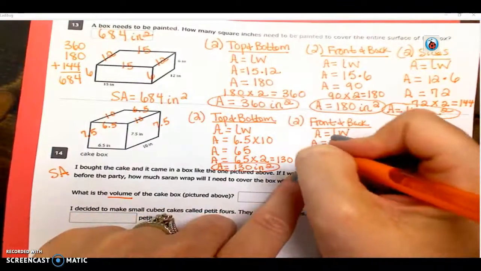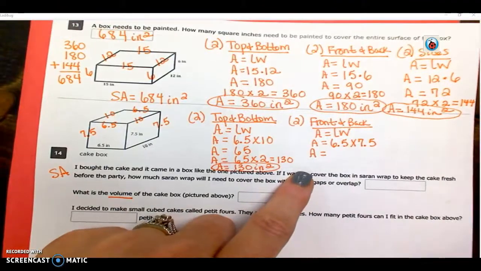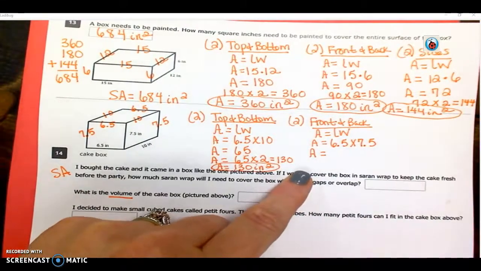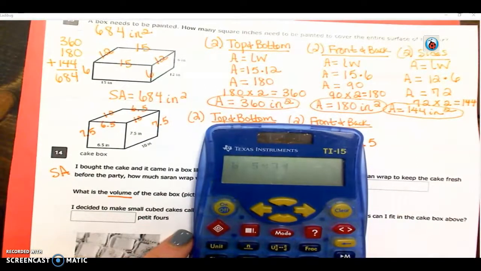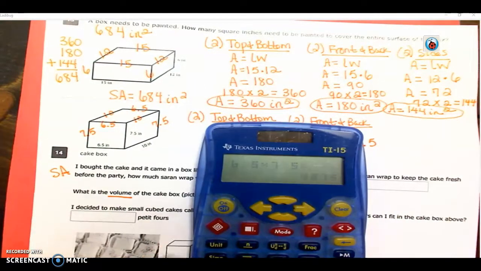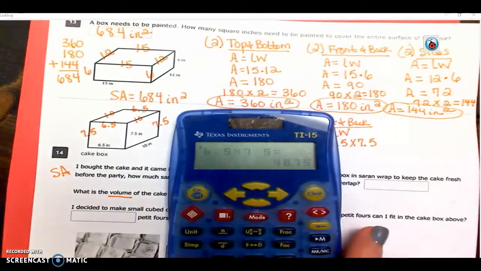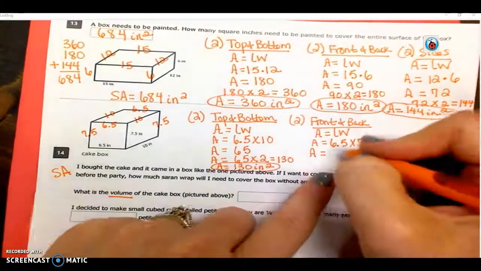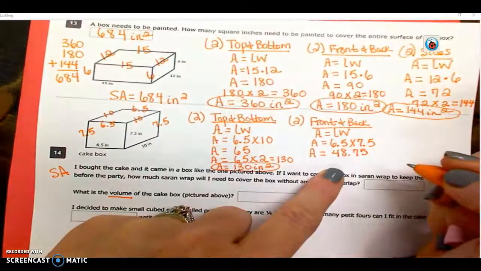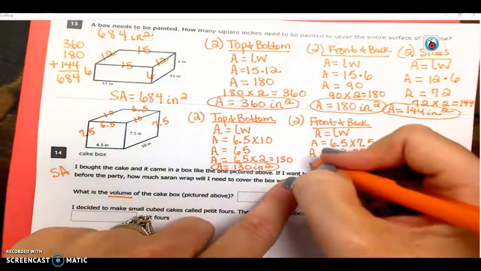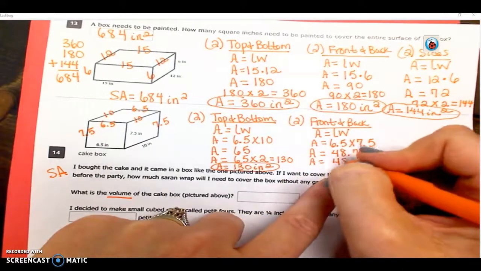You can go ahead and do that on your calculator. 6.5 times 7.5, we get 48 and 75 hundredths. Now here we know that there's 2 sides.